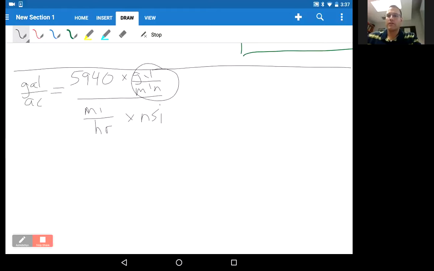So we want 20 gallons of spray per acre. We got 20 gallons per acre. Can't write an A very well for some reason.